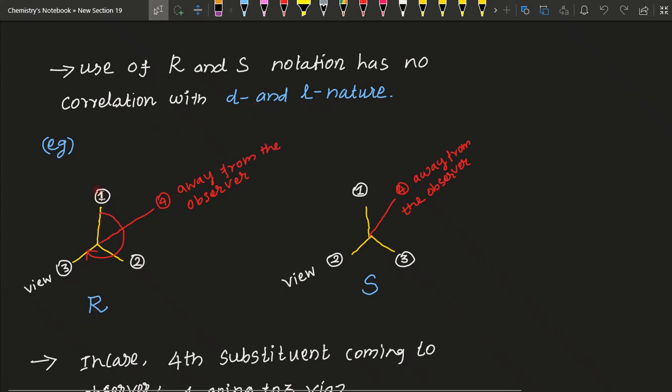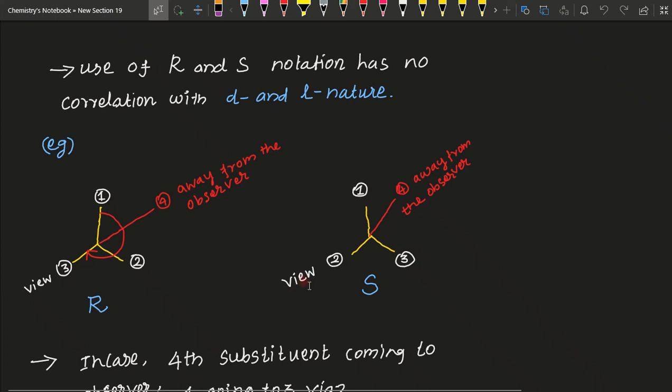Here, this is first priority atom, this is second, this is third. If we look at the third, fourth is X, this is X atom, imaginary atom, so away from the observer, so rotation is clockwise, or here V is at second, the second is second priority, first, this is first priority, this is third priority.